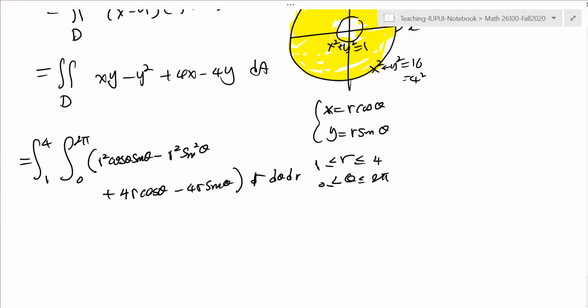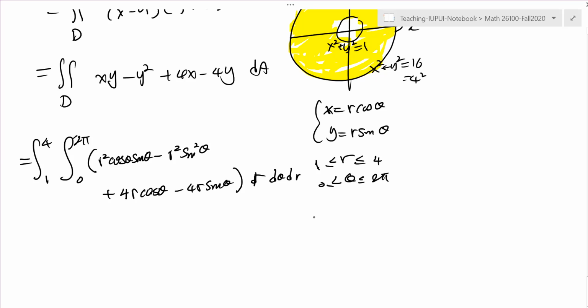Now, when you evaluate these integrals with respect to theta, because this is an integral from 0 to 2 pi, all of them will be 0 except for the one in the middle. You know why?